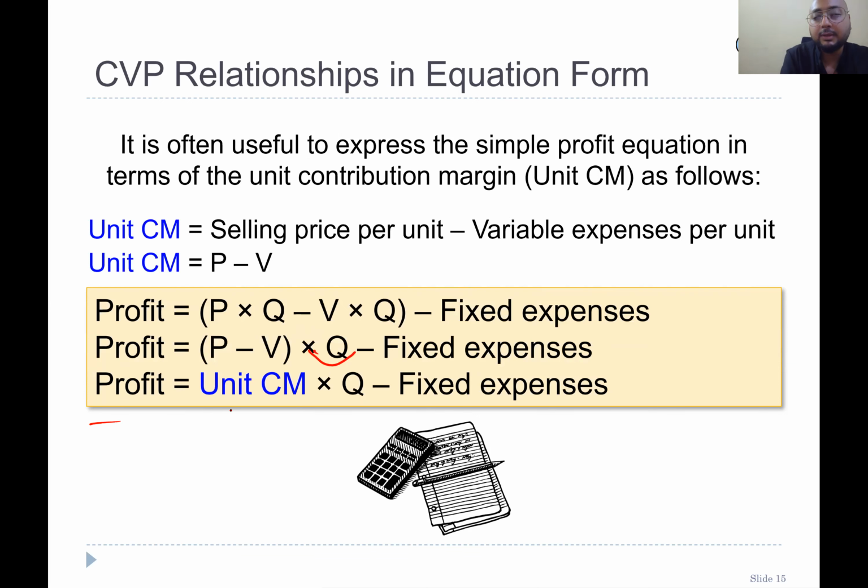Answer would be CM per unit times quantity minus fixed cost is your profit, right? So we have successfully developed a profit equation in per unit format. So now you know that profit is equal to CM per unit multiplied by quantity minus fixed cost. Right, everyone?